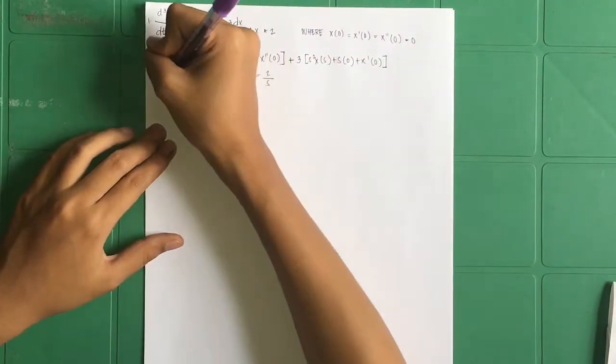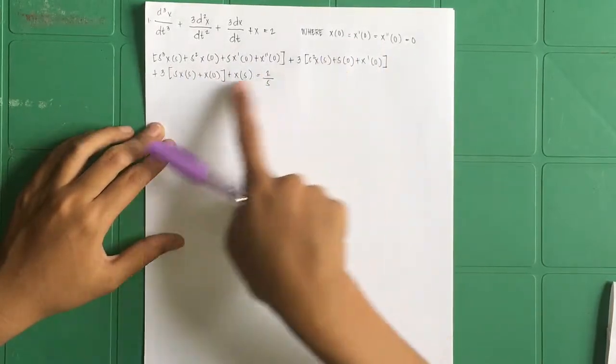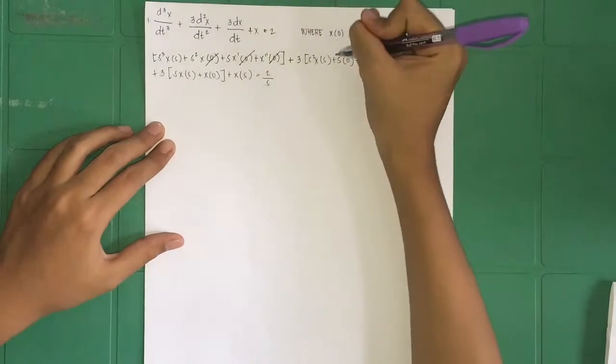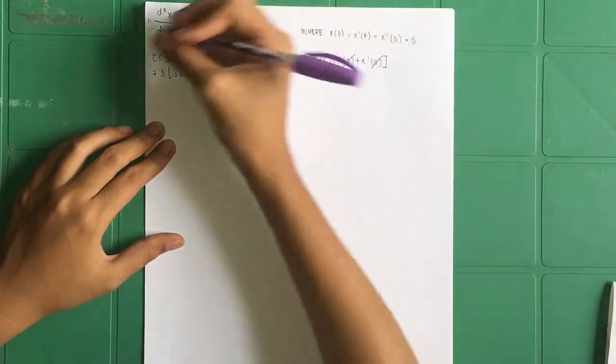So again, we need to substitute. Cancel all the zeros. Then write the remaining value.